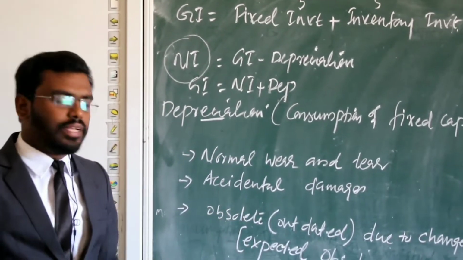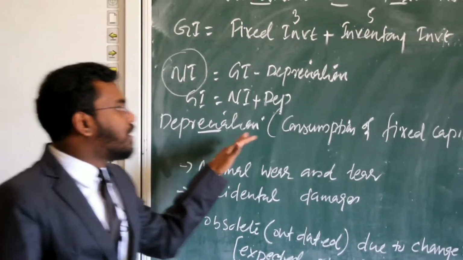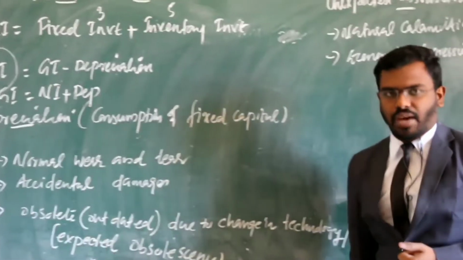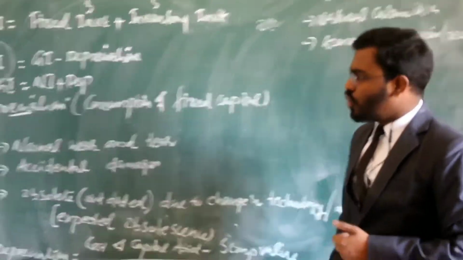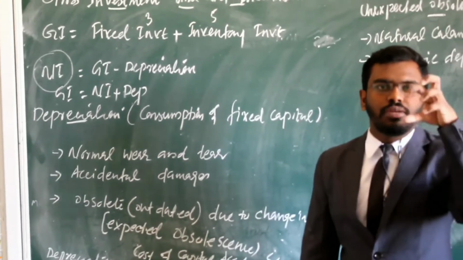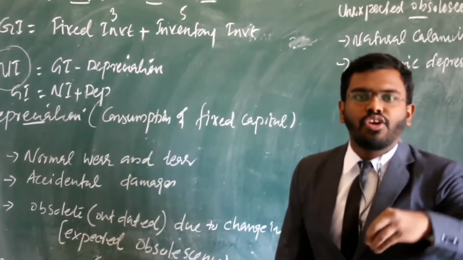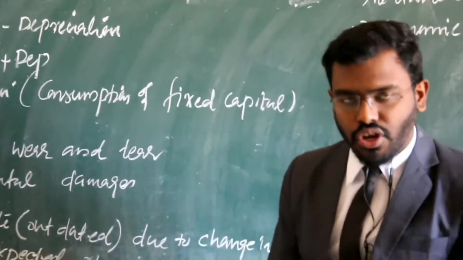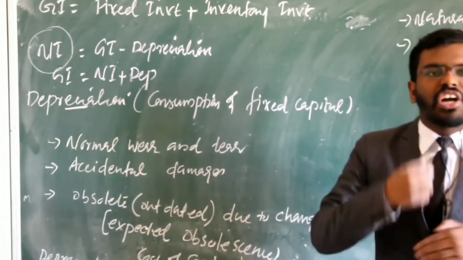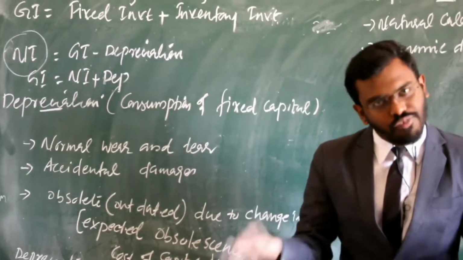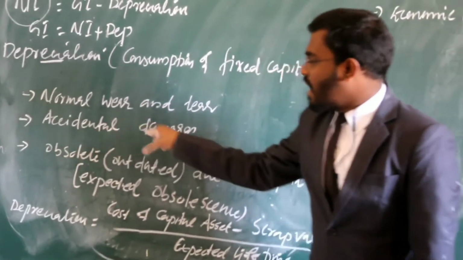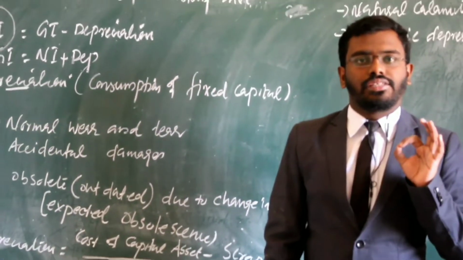What is depreciation? Depreciation is also known as consumption of fixed capital. Simply, depreciation means loss of value of a fixed asset due to normal wear and tear. If we continuously use a machinery, its value will decrease. That is this one. Second one is accidental damage.